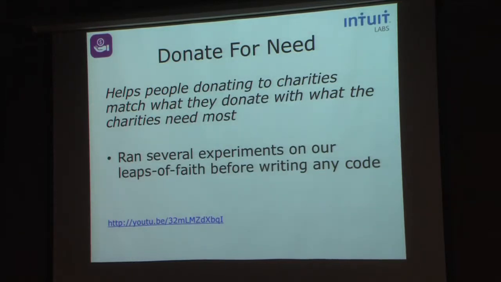So this case study in particular, it's a very simple idea where Intuit as a company puts a lot of pride, I guess, in being involved in the community around us and to help solve problems that will help the greater good. So we were challenged to come up with a solution that does just that.